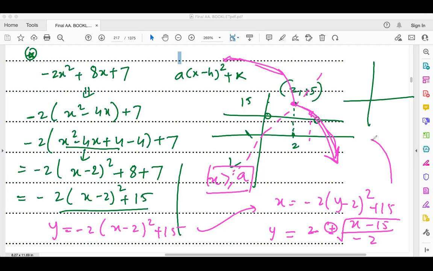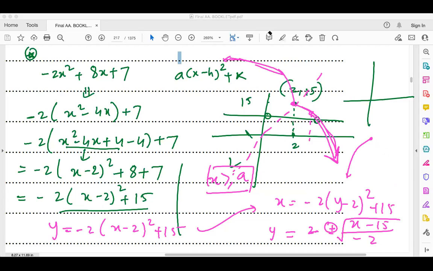If I restricted the left side of the vertex, I'll be taking the positive. If I restricted the right side, meaning this side, I'm going to take negative. So this is the general information about finding the inverse of a quadratic.